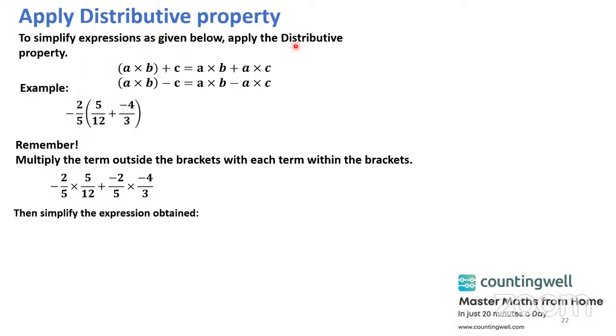So here we are applying the distributive property. So multiply the term outside the brackets with each term. So for simplification, we have the final answer as 11 by 30.